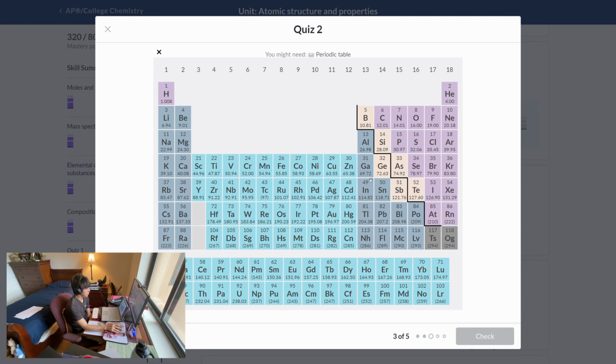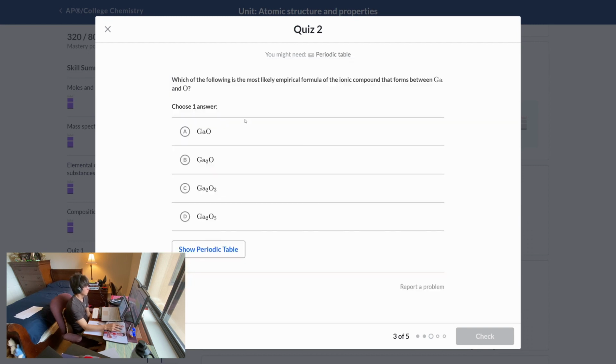So it loses 3. So plus 3. And oxygen is a charge of -2. So plus 3 and -2.